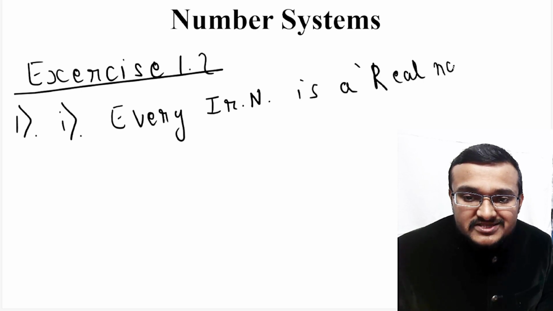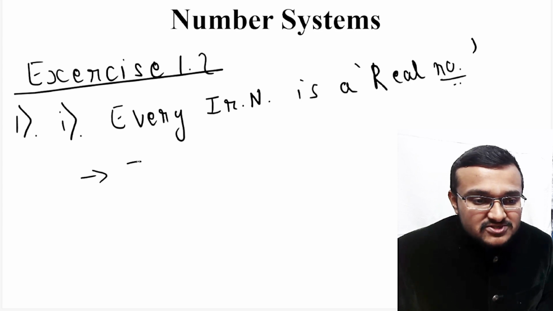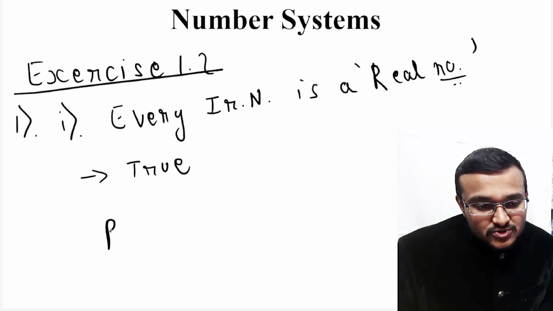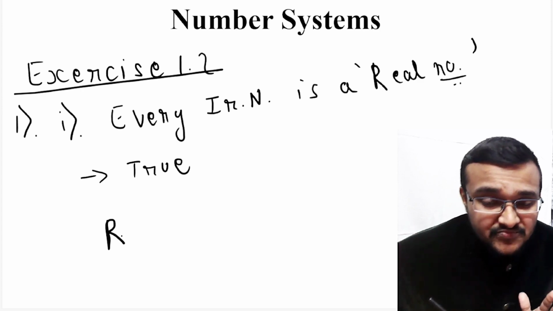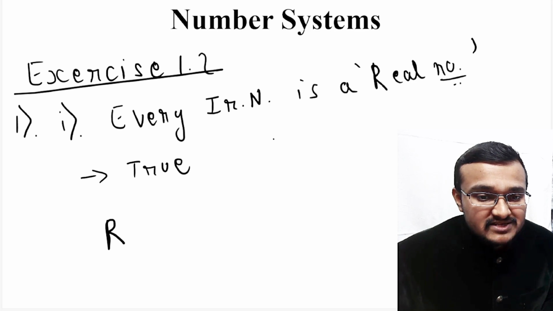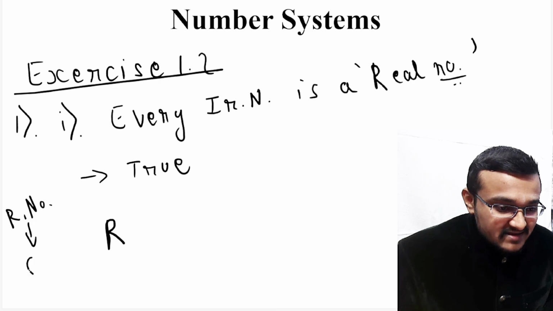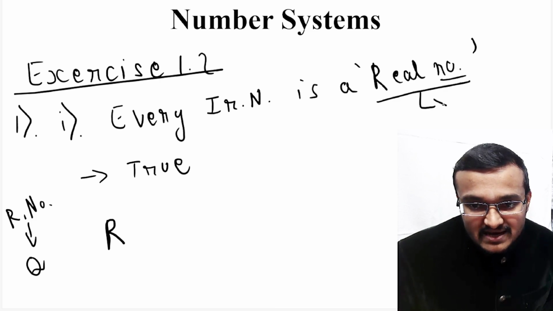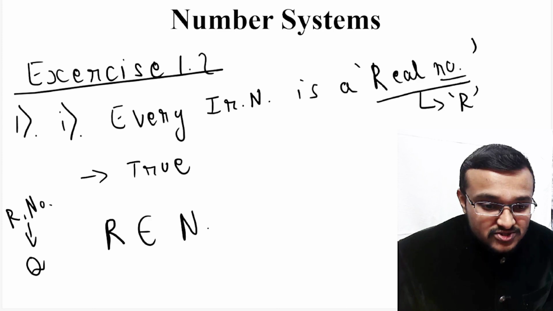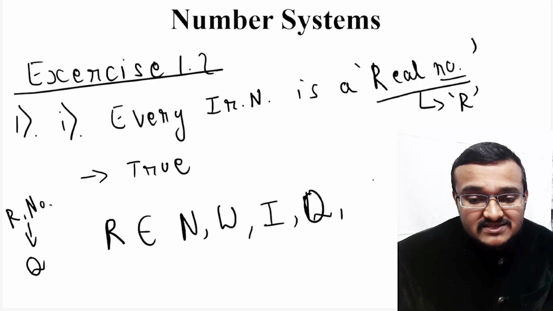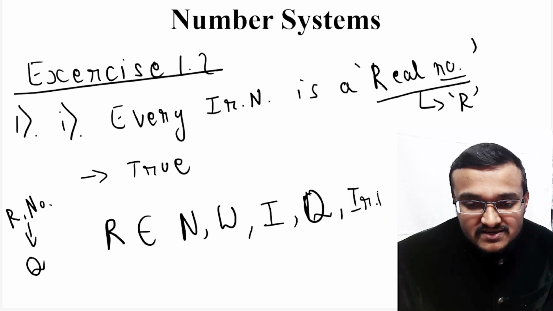So is it true? Yes, it is true. Real numbers are always denoted as capital R, and rational numbers are always denoted as capital Q. So always remember, rational numbers are denoted as capital Q and real numbers are denoted as capital R. Real numbers include natural numbers, whole numbers, integers, rational numbers, and also irrational numbers.